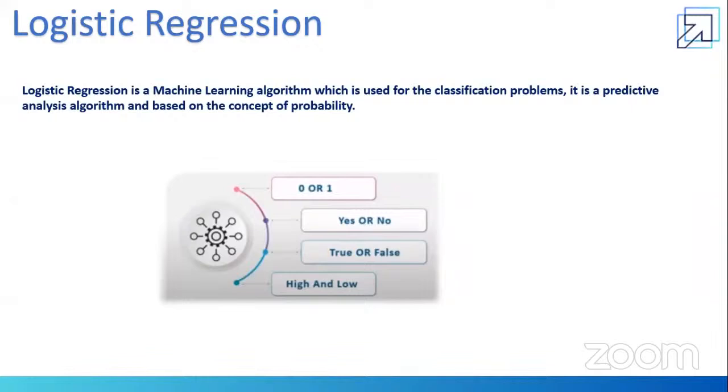Logistic regression is a classification algorithm that models the probability of the output class. Logistic regression estimates the relationship between dependent and one or more independent variables, where the dependent variable, that is our target variable, is categorical.